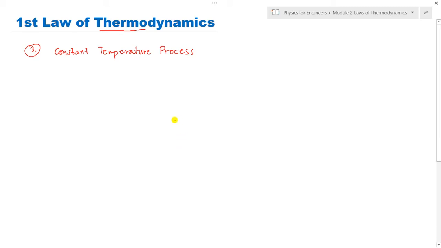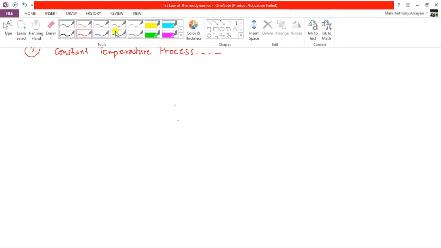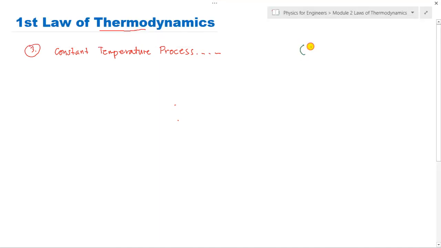So what is the other term for constant temperature process, class? Any idea? What is its equivalent name? Okay, isothermic. Correct. So this is an isothermic or isothermal process.